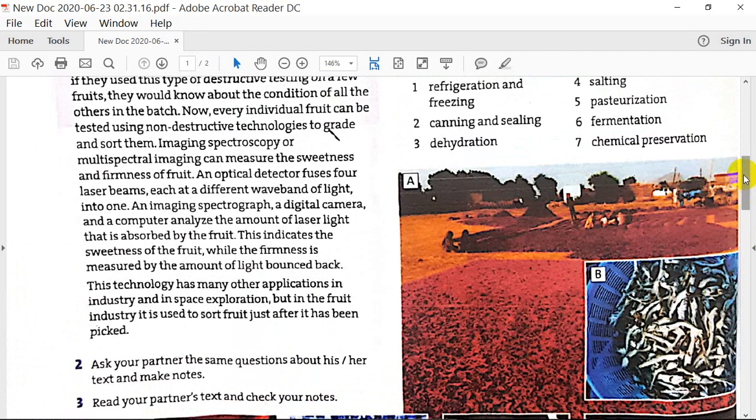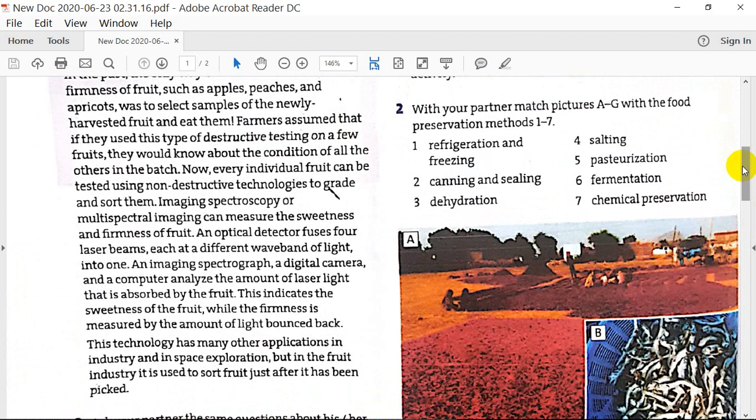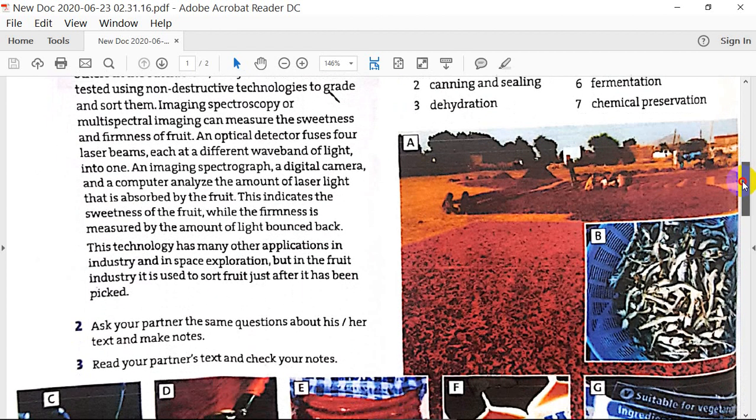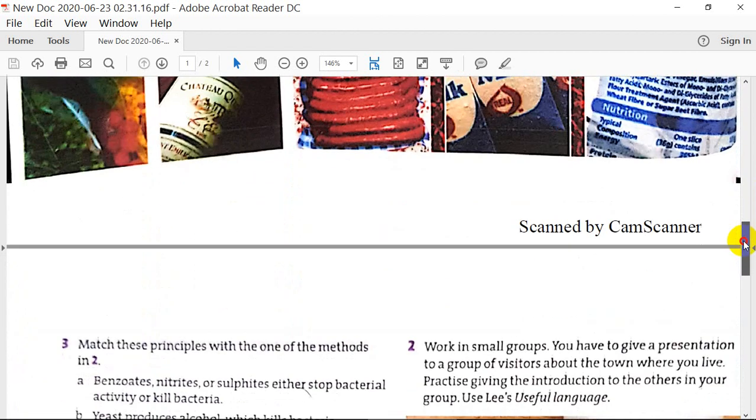So we can use this way to preserve a kind of juice, but not the juice that we drink. It includes alcoholic material. Chemical preservation, they use chemicals like sodium and other chemical materials to preserve food.